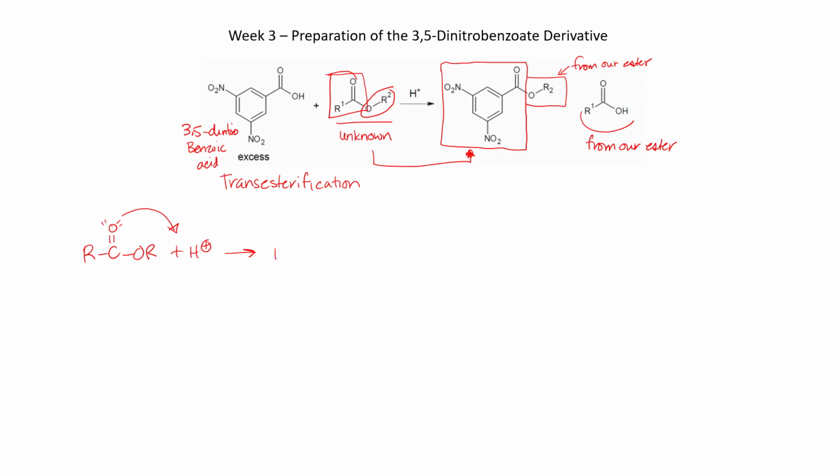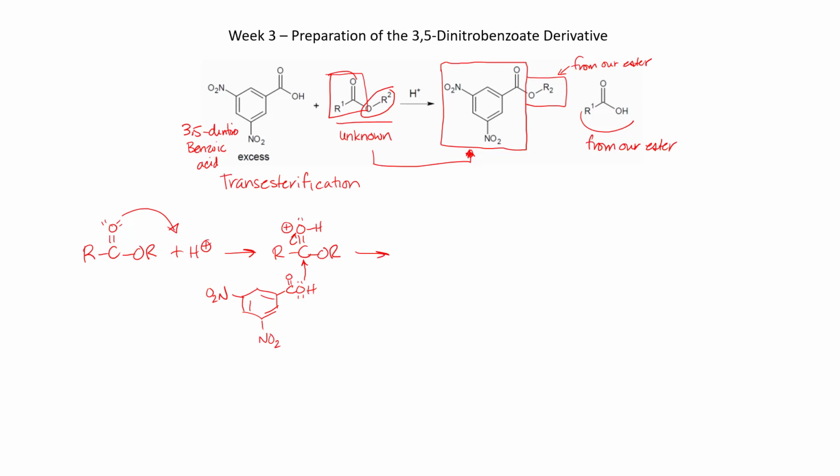is we would protonate the carbonyl first to form that oxonium ion. And then what would happen is the 3,5-dinitrobenzoic acid, the OH group on there, would act as a nucleophile and come in and attack that protonated carbonyl.